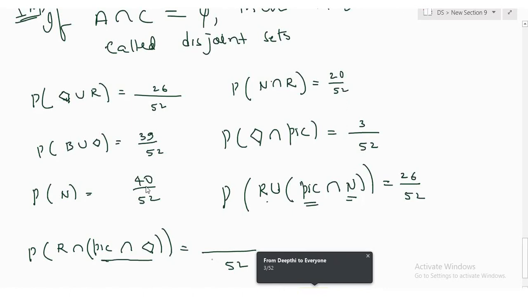How many are there? 3 cards, and a red card which is a picture as well. Those 3 pictures are already there, right? So the red cards among those 3 pictures are already included. Yes or no?